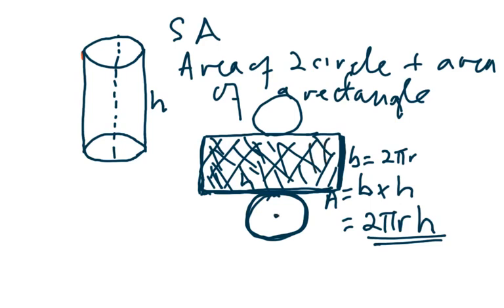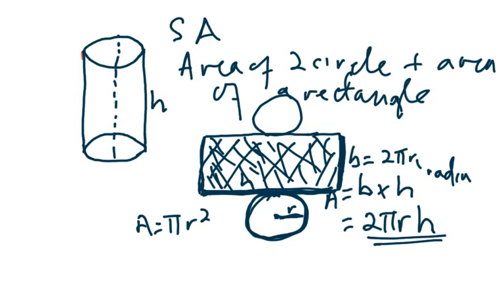And the area of a circle is given by the formula pi r squared, where r is the radius of the circle. Remember this, that side, in actual fact it is this side, is made by the circumference when we open it up.